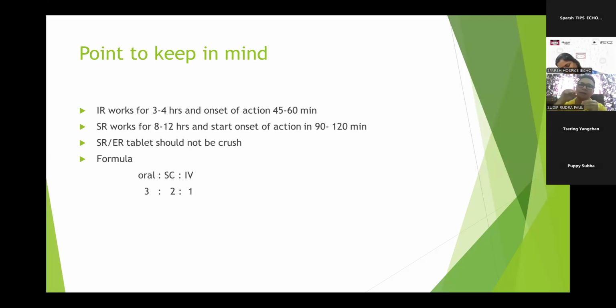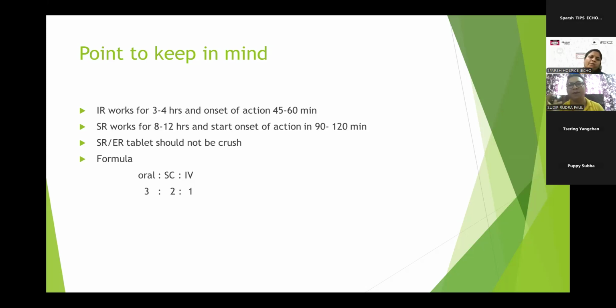If we give directly intravenously, the dose has to be lesser. So from oral to IV, the dose is divided by 3. From IV to oral, it is multiplied by 3. From oral to subcutaneous, it is divided by 2. From subcutaneous to oral, it is multiplied by 2.